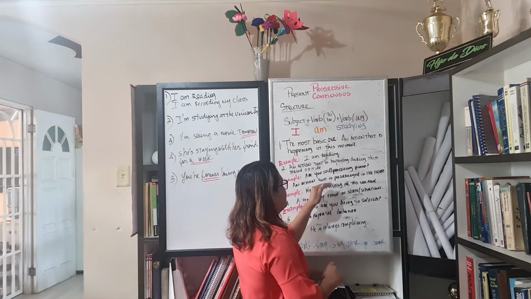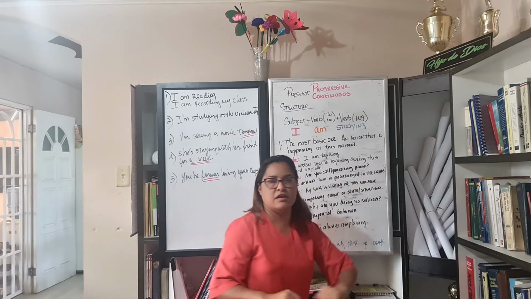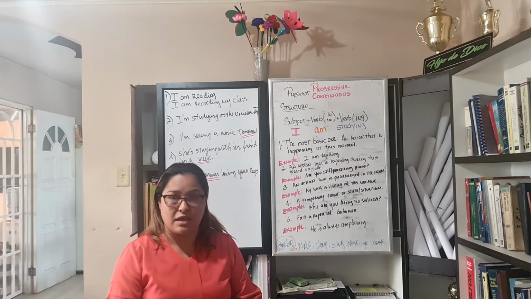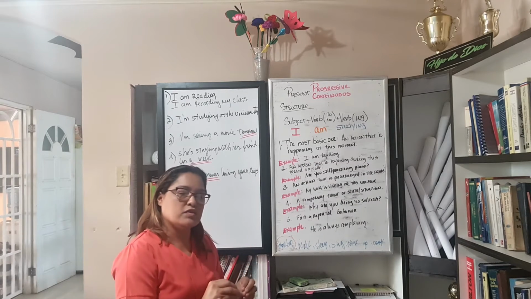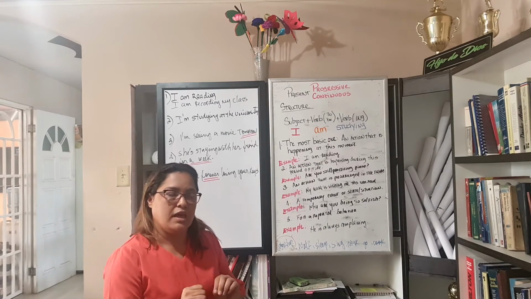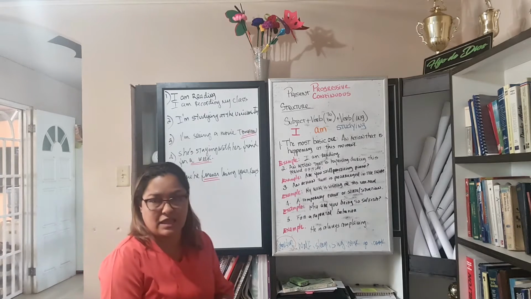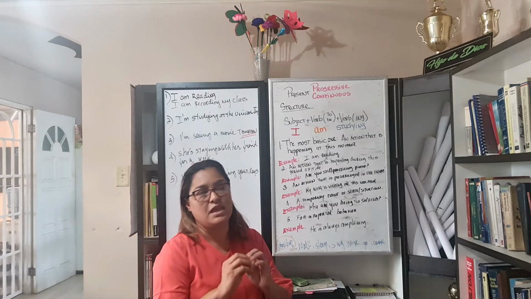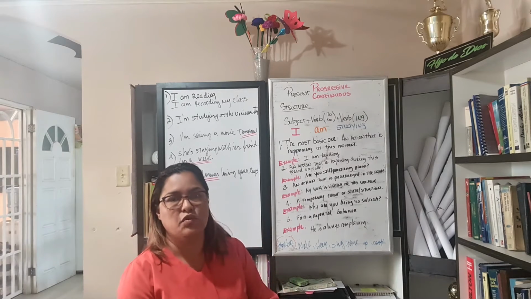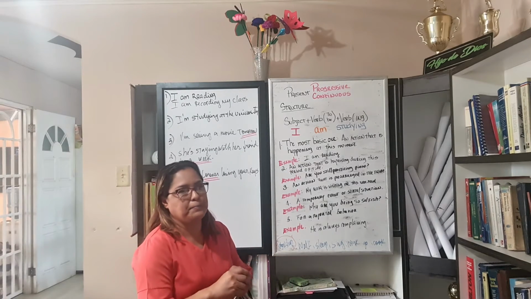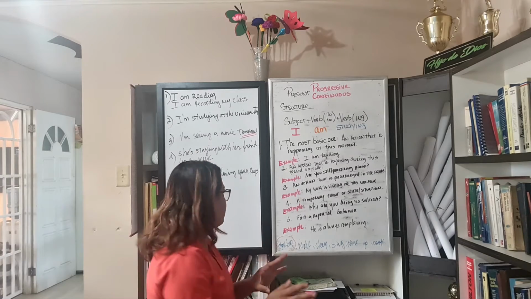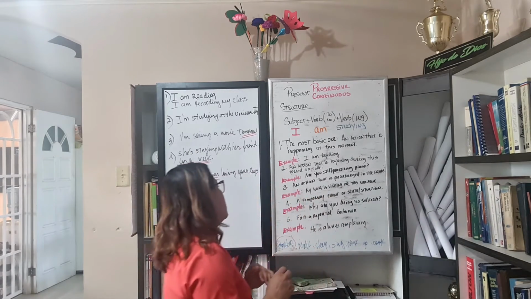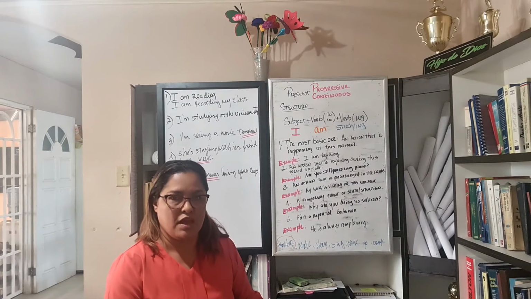Rule number 3. An action that is prearranged in the future. So this means you are almost 100% certain that this action or this event is going to happen. For example, my mom is visiting me this weekend.